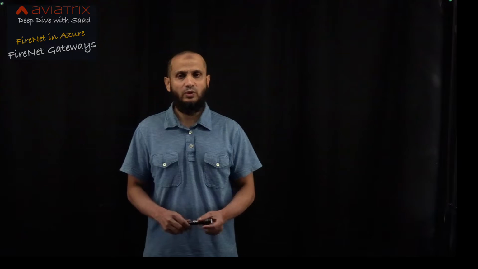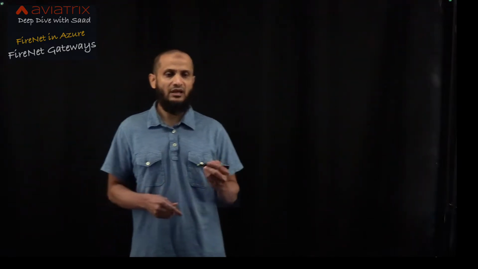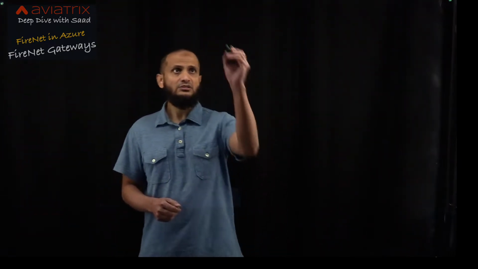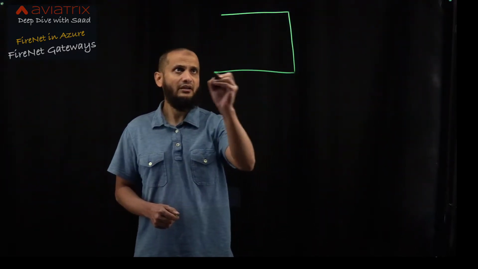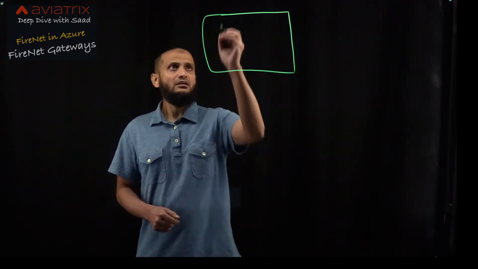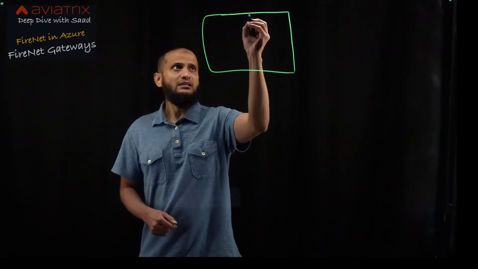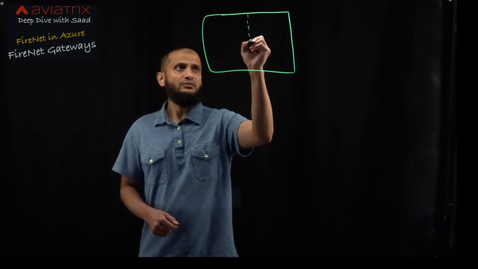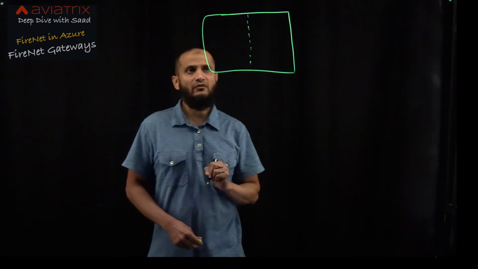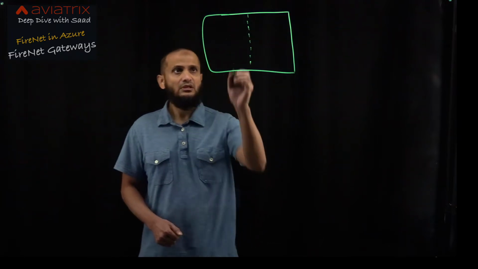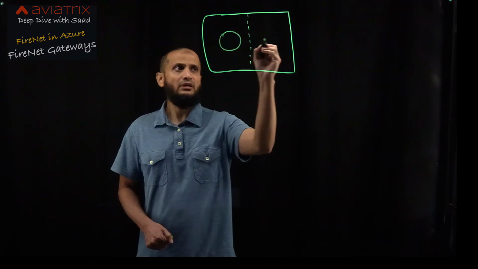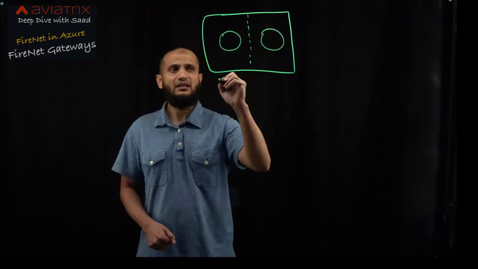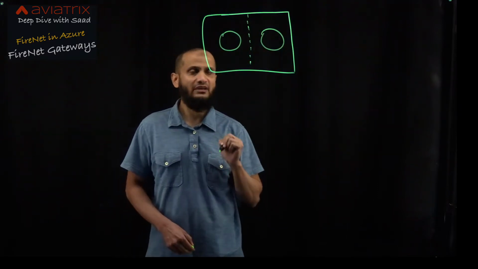So there are two gateways which we create in the Azure Transit FireNet. If I'm going to draw a Transit FireNet, and let's say this is the region which is capable of availability zones, then the Aviatrix controller is going to deploy the Aviatrix Transit gateways per availability zone.